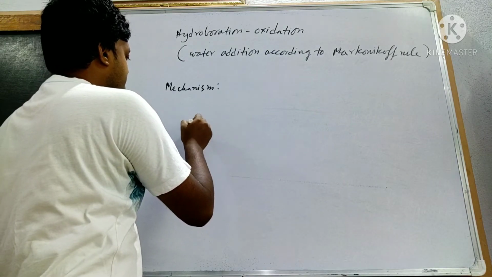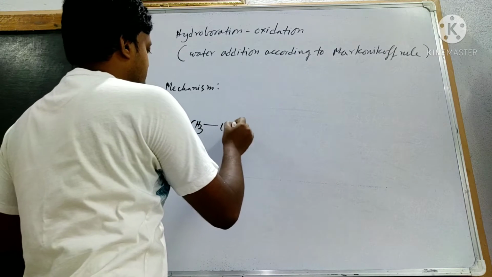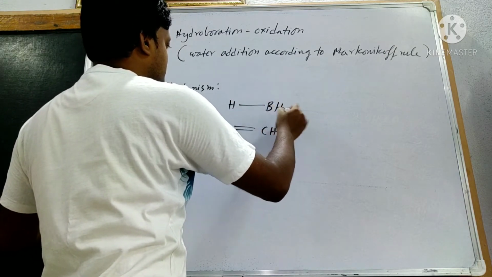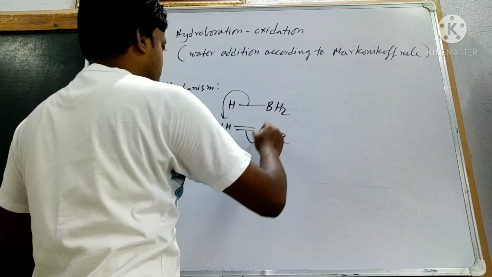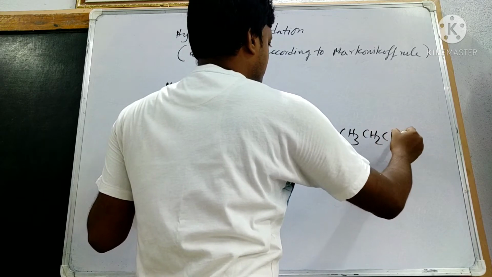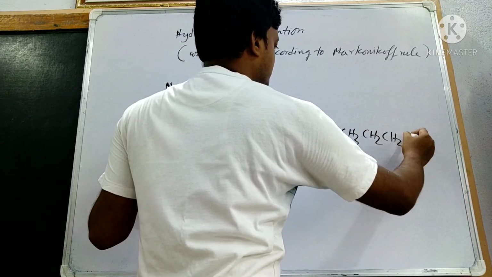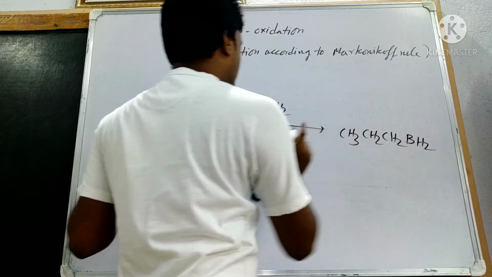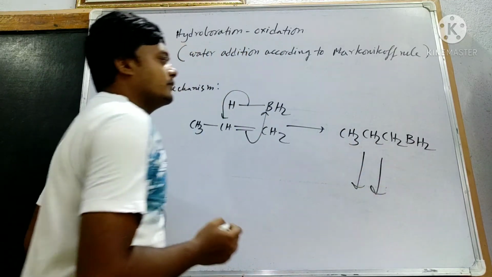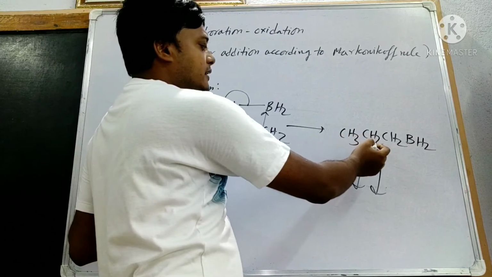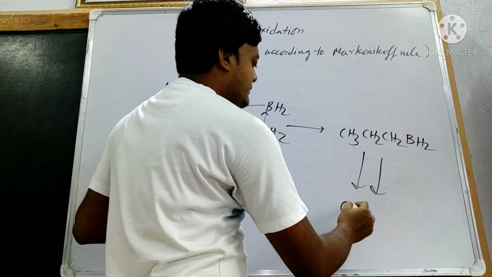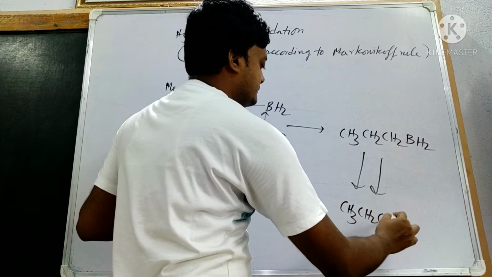Now see, this step again repeats 2 times. That means this one again reacts with 2 molecules of propene, and ultimately we will get this.